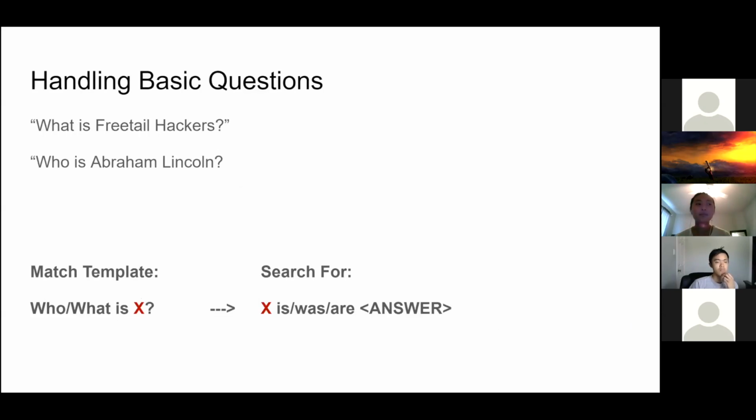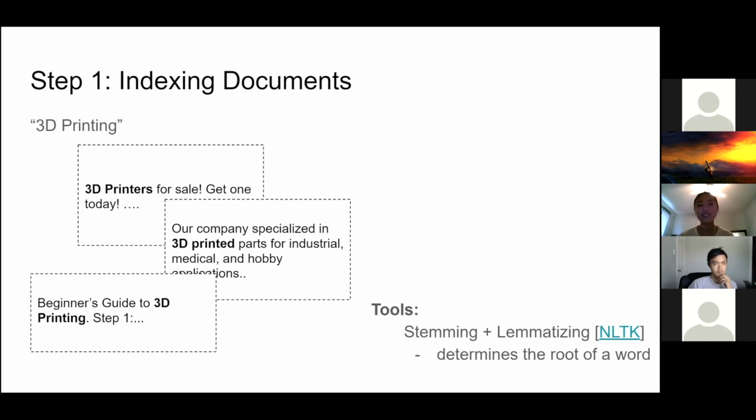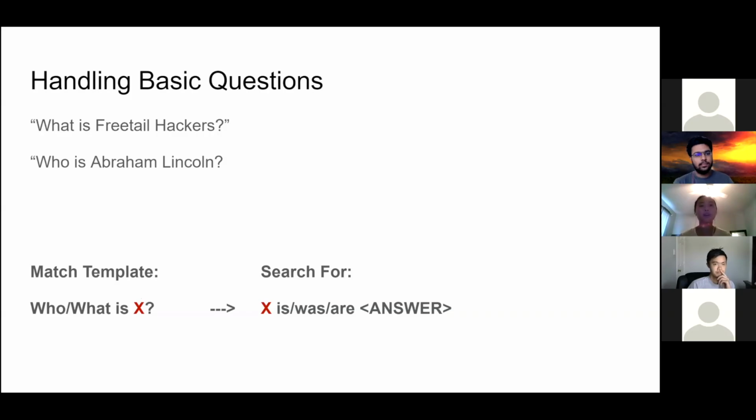Okay, so once we have all of these documents indexed, now we can go on to handling basic questions, because if we have an index, we can just search for key phrases. We know how to do that. We can stem, we can get the lemma, and then we can just pattern match, right? What if we want to handle basic questions where we're looking for specific information about an entity?